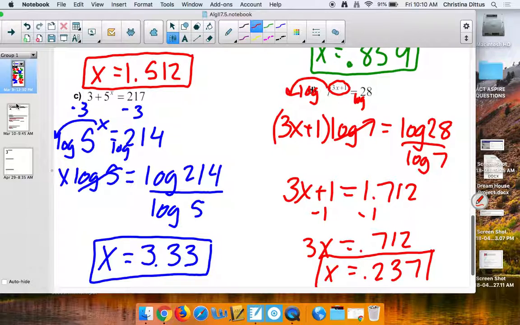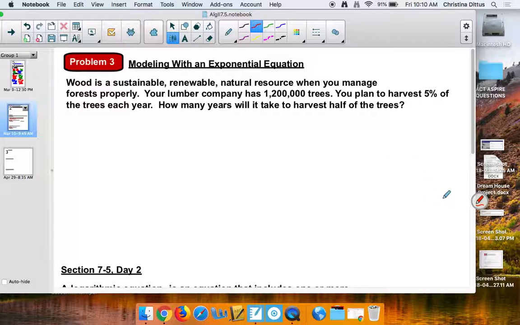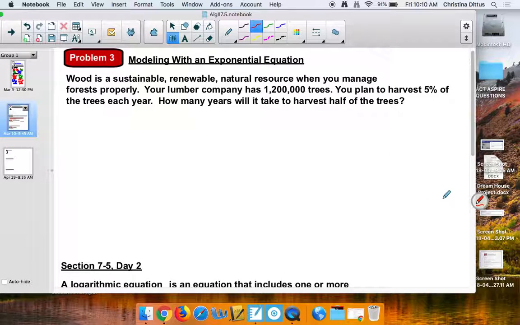Okay. Last problem of the day. For notes, that is. Wood. It's nice. Your lumber company has 1,200,000 trees. You plan to harvest 5% of the trees each year. How many years will it take to harvest half the trees?